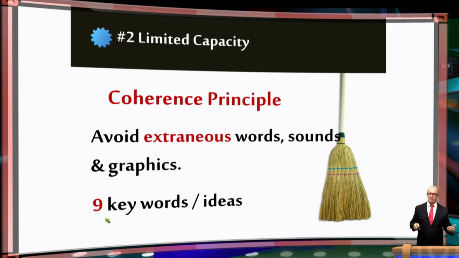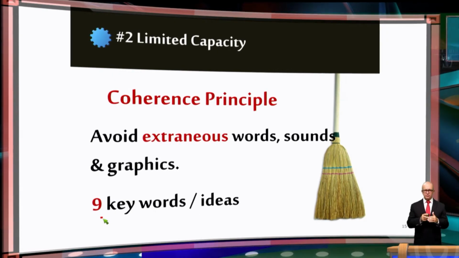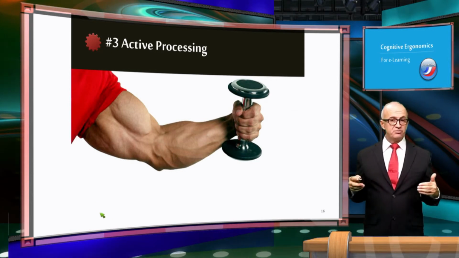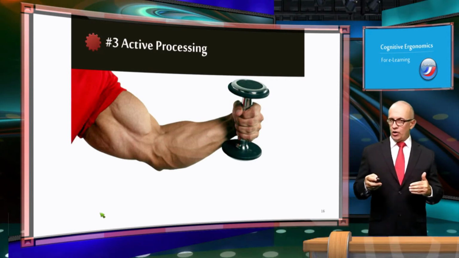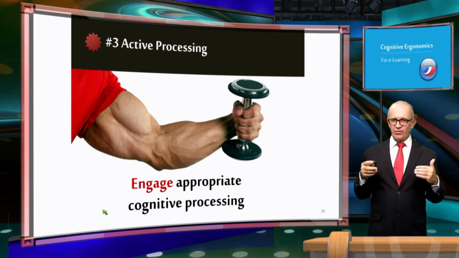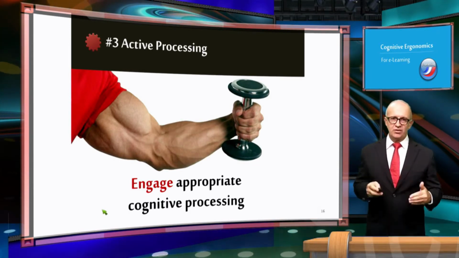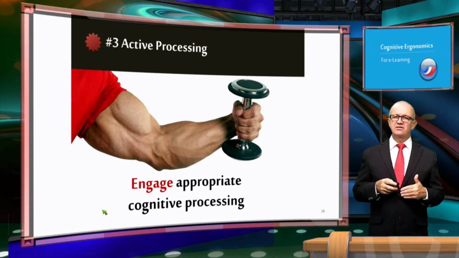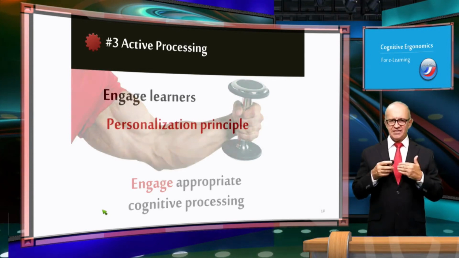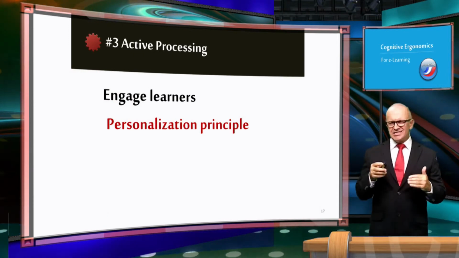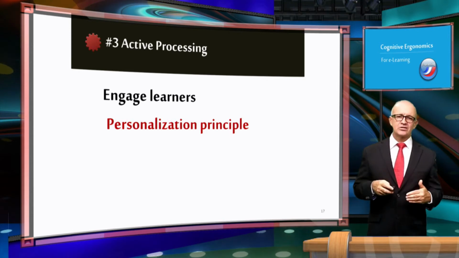The third principle is that learning should be considered as an active processing. Learning occurs when people engage in appropriate cognitive processing during the course, such as paying attention to relevant material, organizing the material into coherent structure, and integrating it with what we already know.